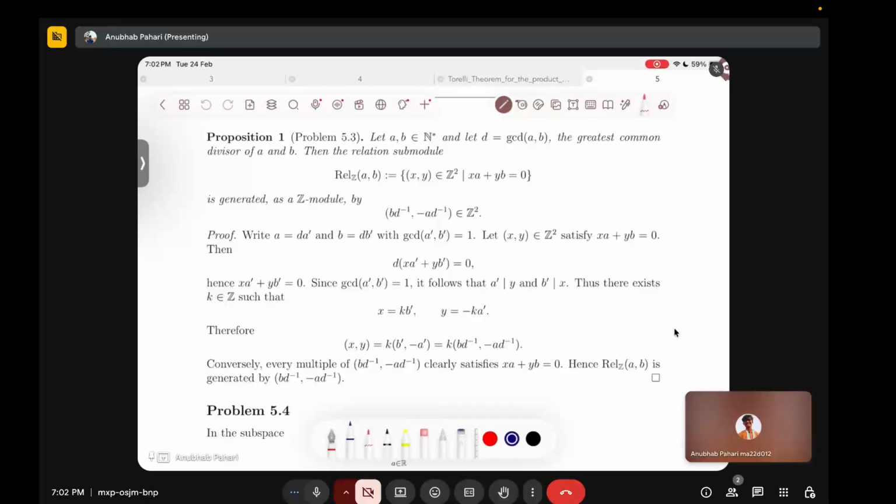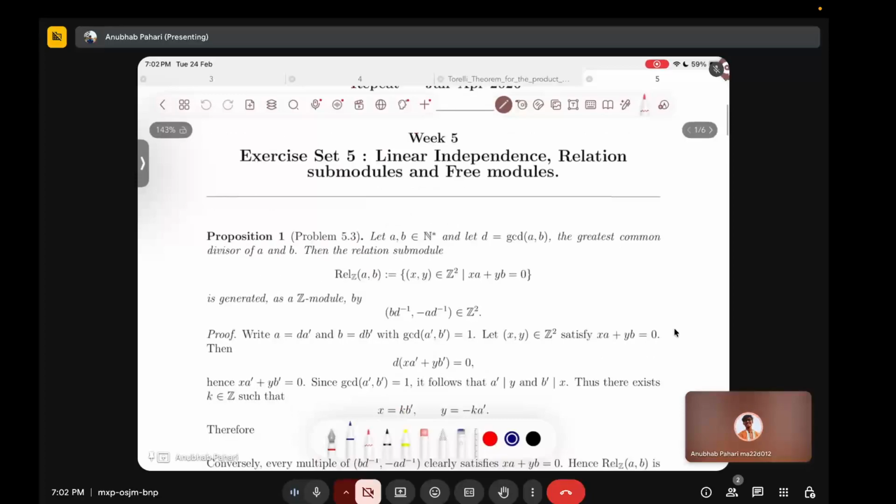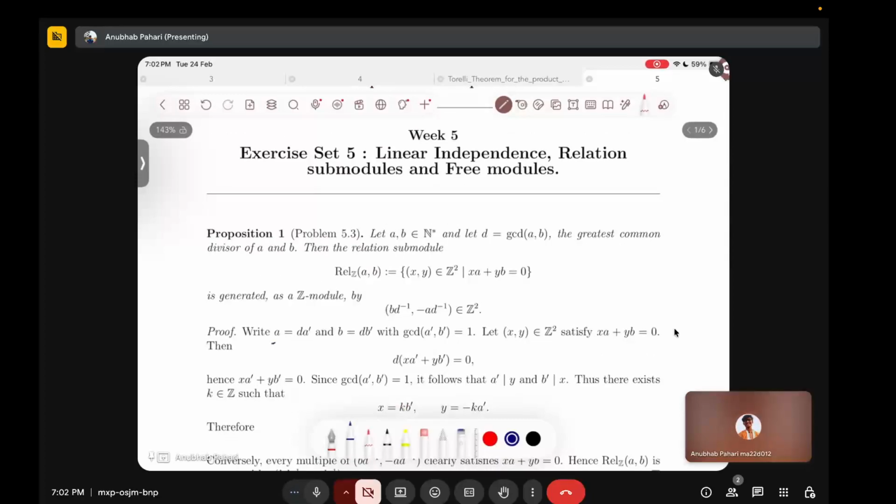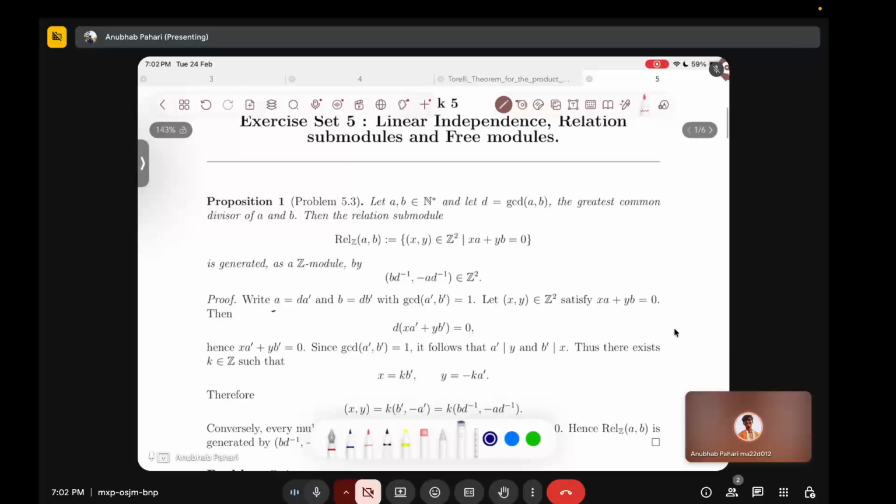Now, since d is the GCD of a, b, we can write a as d times a prime and b as d times b prime, with GCD of a prime, b prime equal to 1. That is true, right? You can just divide a by d and b by d, and you get your a prime and b prime.